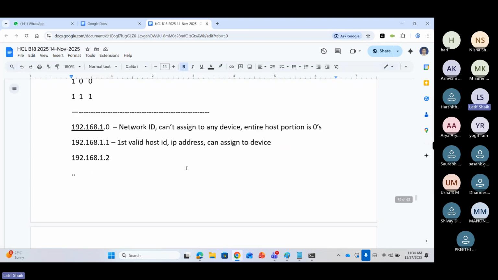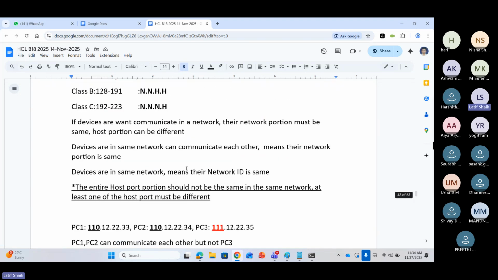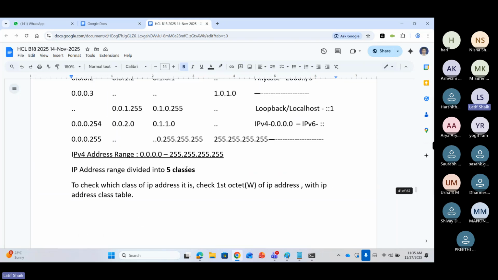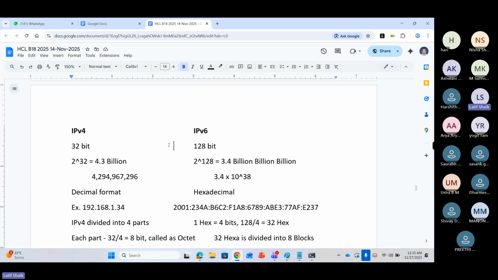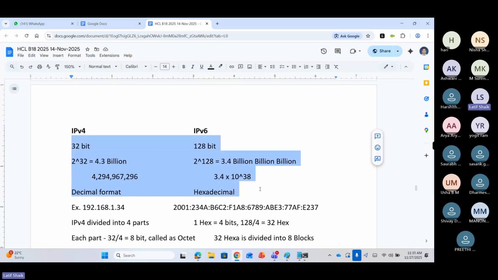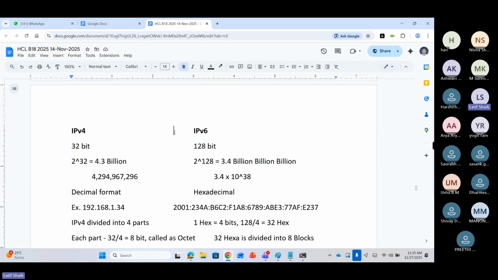So first is IPv4 and next is IPv6, and the difference between IPv4 and IPv6 is compulsory. No one will ask you what is IPv4, or explain IPv4, but IPv4 classes are important.